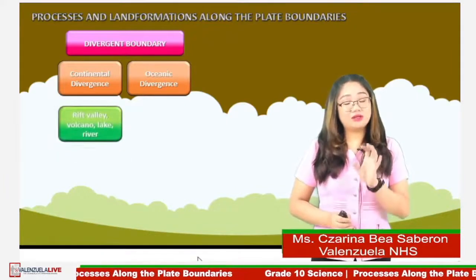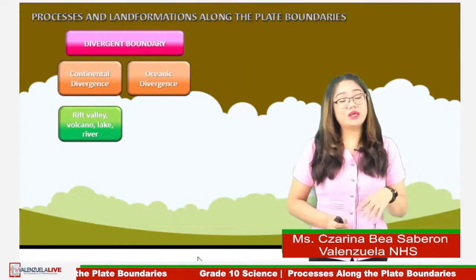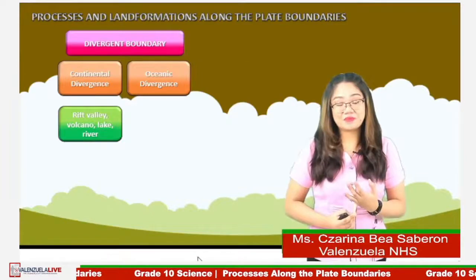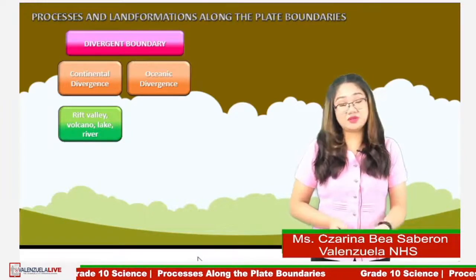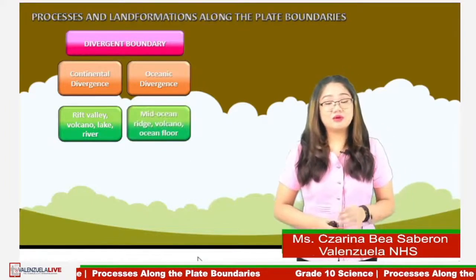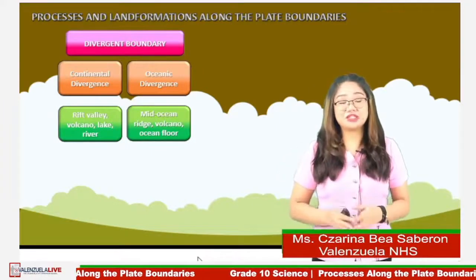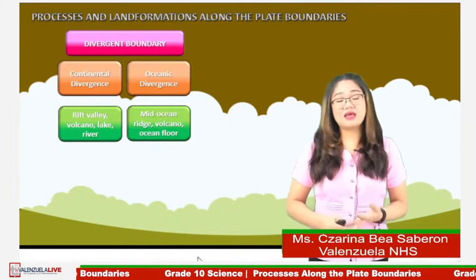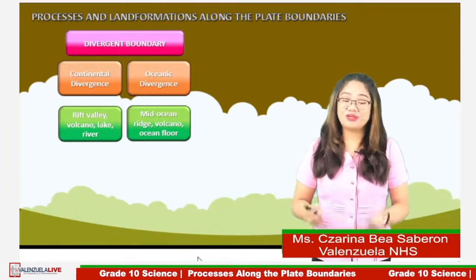Under divergence of continents, it could form rift valleys, volcanoes, lakes, rivers, and even ocean basins. And under oceanic divergence, it could lead to the formation of mid-ocean ridges, volcanoes, and also new oceanic floors.